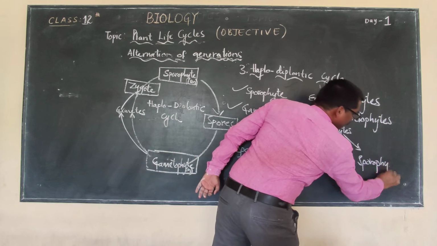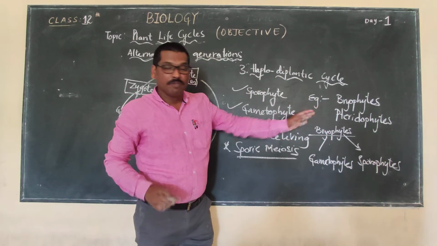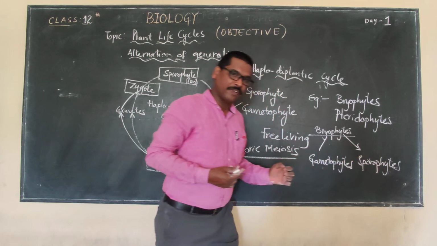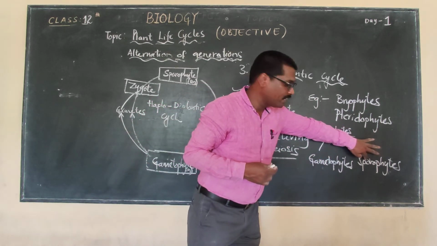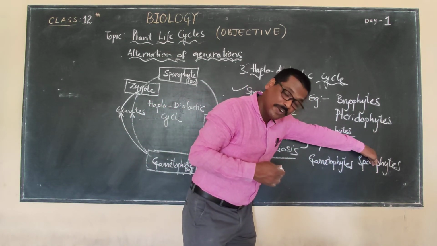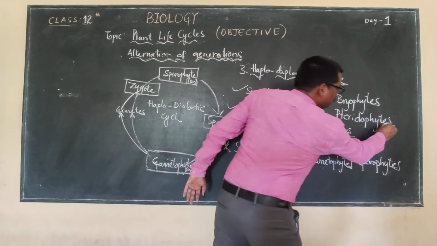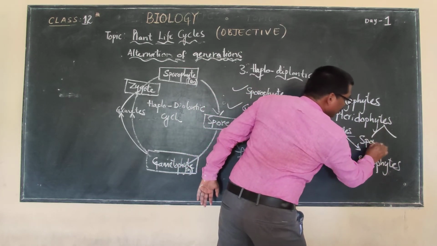So this is a very important point we have to make note of. Bryophytes show both the gametophytic phase and the sporophytic phase. Here the gametophyte is the dominant phase, whereas the sporophyte is depending upon the gametophyte. But in the case of pteridophytes, the sporophyte is the dominant phase.